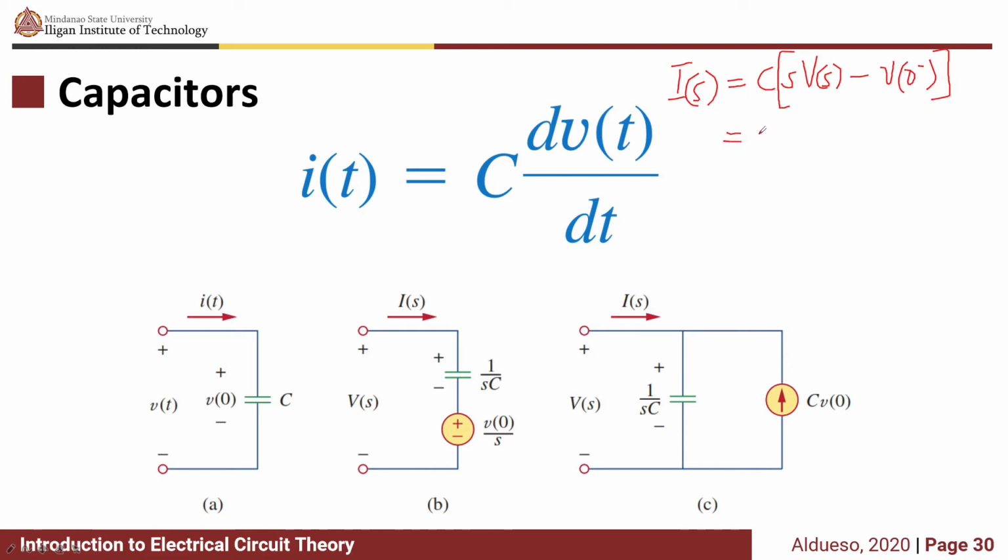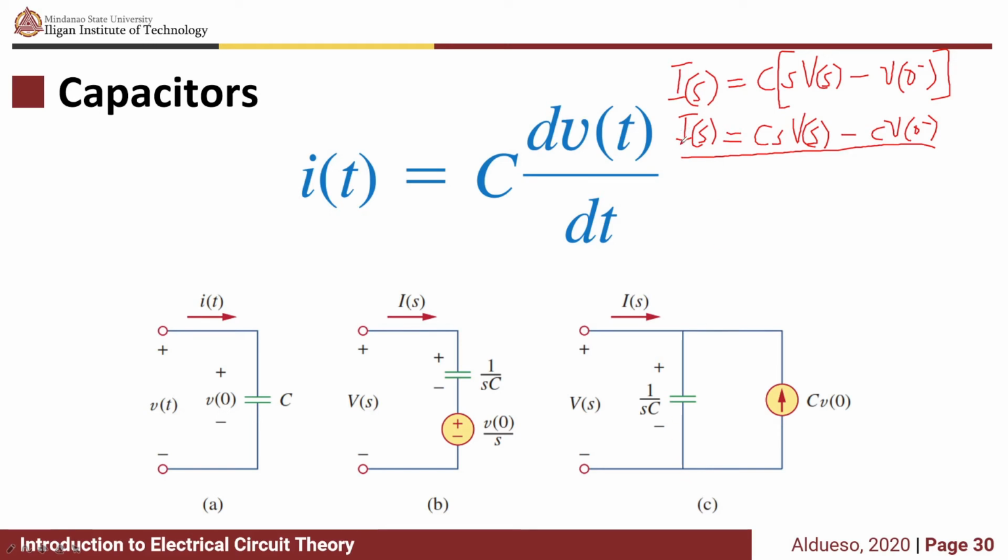This is C times s V(s) minus C times v(0-). For this expression, the equivalent circuit is figure C.